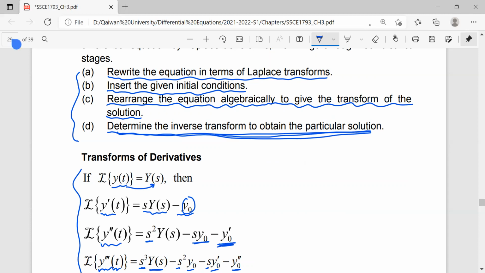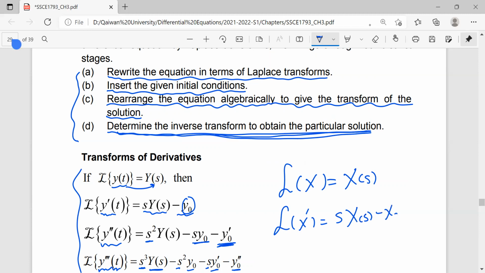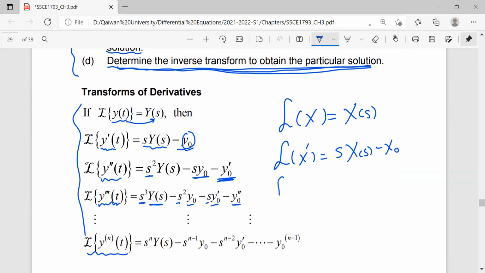These are also true for x. The Laplace transform of x prime equals s X of s minus x naught. And the Laplace transform of x double prime of t equals s squared X of s minus s x naught minus x naught prime.